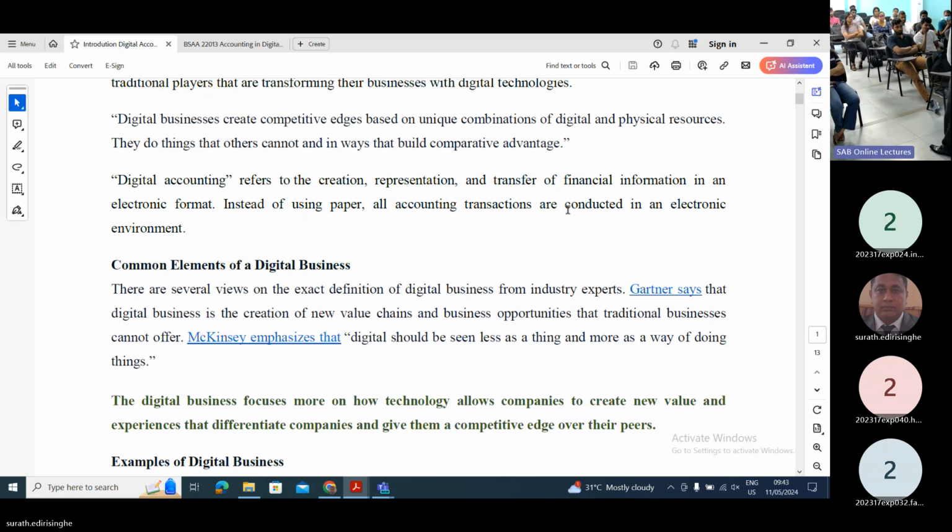This is a classic example of digital business conversion and elimination of manual activities, converting everything to the online platform: tracking, collection, payment, even vehicle registration and driver recruitment. Everything is online, transferring these business activities from manual to online.